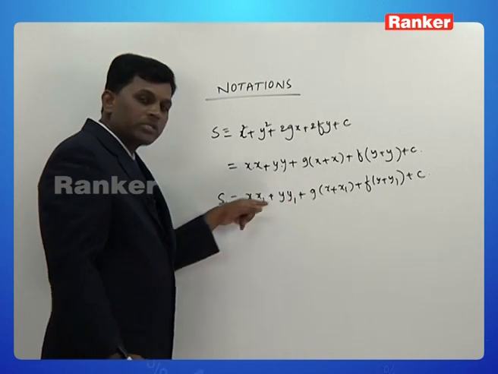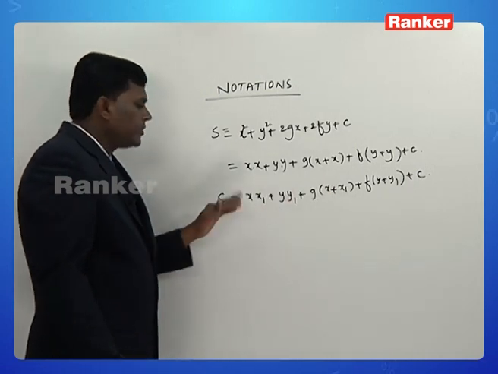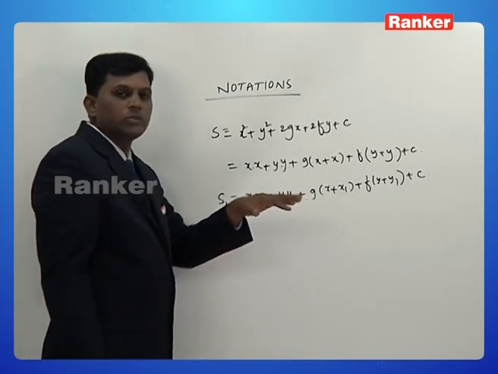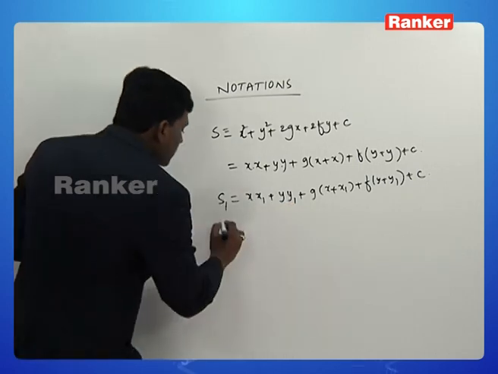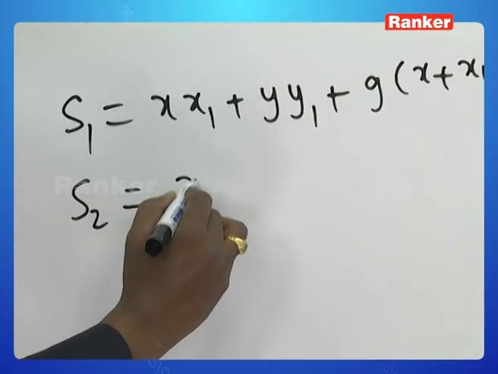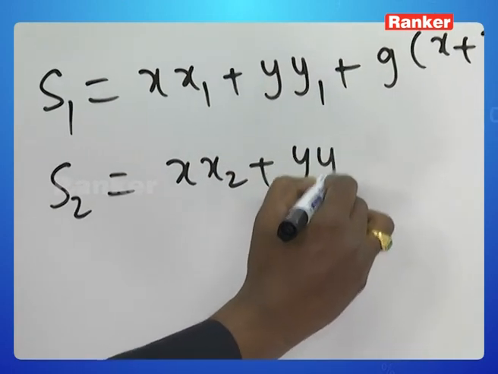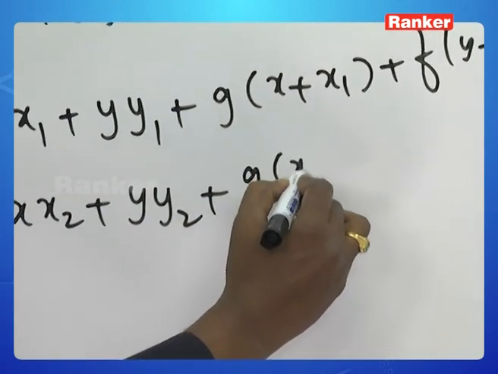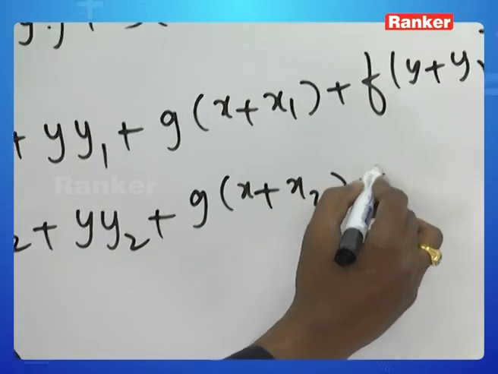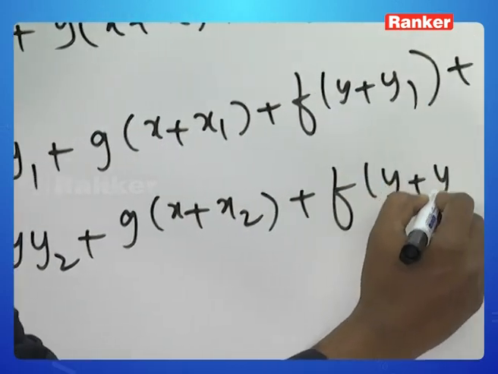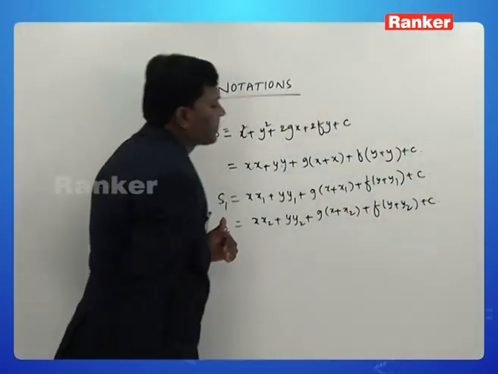This notation is called S1. If you replace with x2, y2, it can be denoted as S2: x x2 plus y y2 plus g into x plus x2, f into y plus y2, plus c.